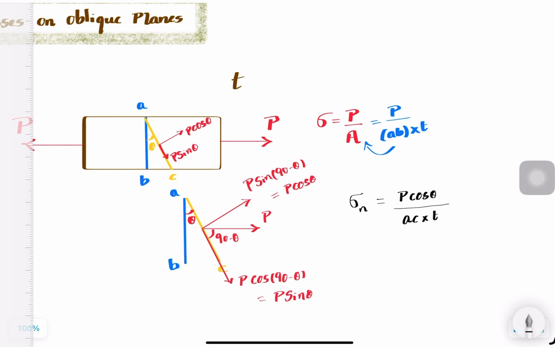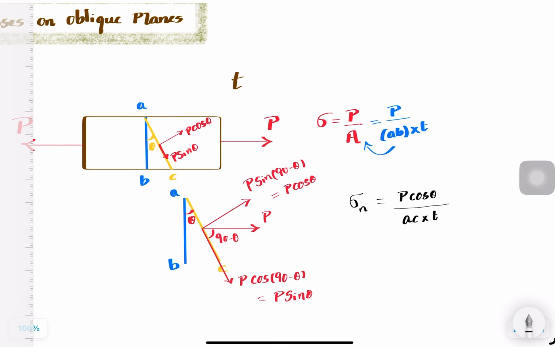We know that this length AC, if you look at this, let us try to say cos theta. Cos theta is adjacent side divided by hypotenuse, okay? In this triangle ABC, right?